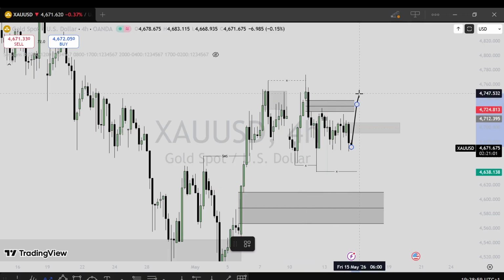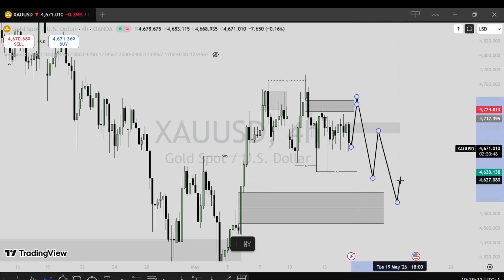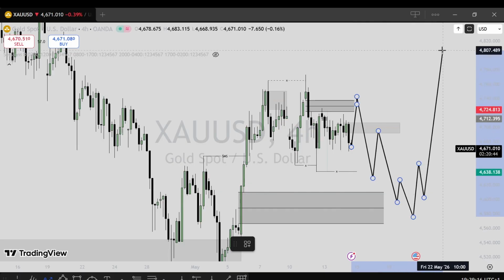Okay, so that's what I'm actually anticipating, that price might delve into this point, tapping into this bearish order block, then come down, create a shift in market structure, and to the upside.